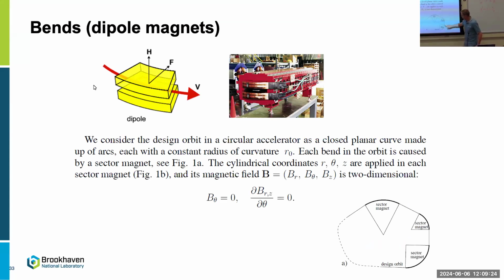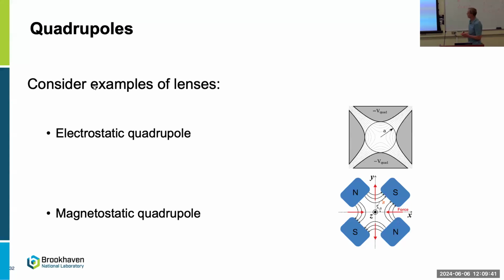We bend again, then there is a drift. So 70% of the LHC orbit is occupied by dipoles to bend the beam in the circle, and 30% by some kind of drifts or focusing elements, which are quadrupoles. The quadrupoles are very commonly used in accelerators in order to focus the beam.